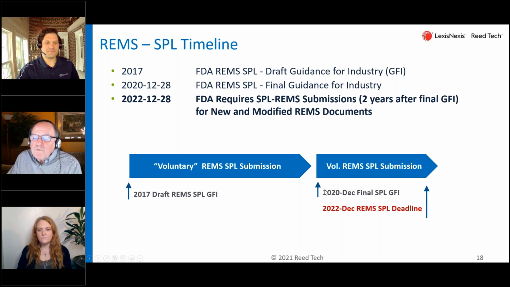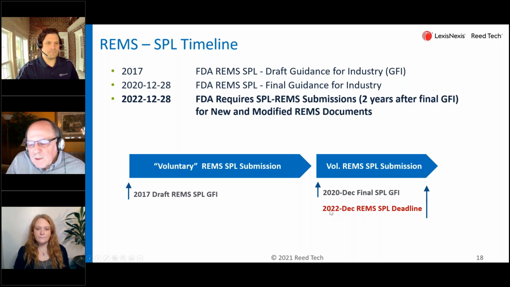This one does. So FDAAA, the FDA Amendments Act a number of years ago, had given the FDA rights to enforce electronic submissions 2 years after the final publication of the guidance for industry. So they enacted that option for this particular electronic submission.